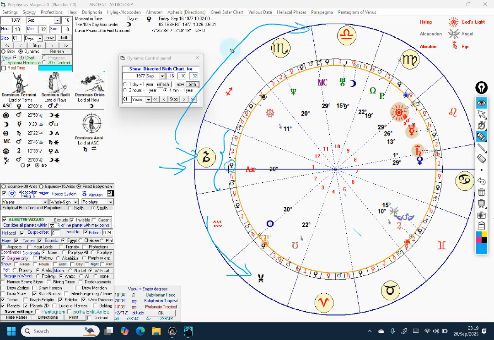It starts from rise to culmination, then it sets in the descendant, and then it is anti-culmination in the Imum Coeli. So this is the typical cycle of rising, culmination, set, anti-culmination, rise. So that is clockwise.